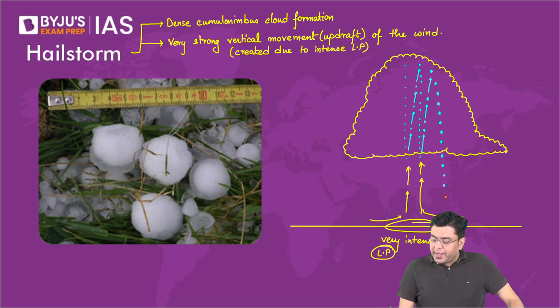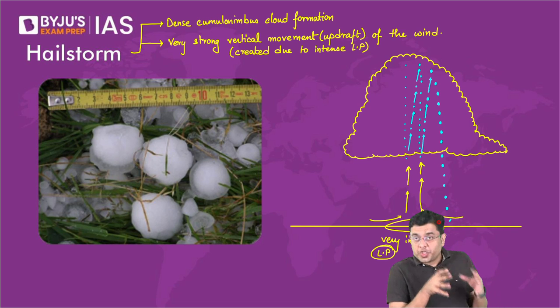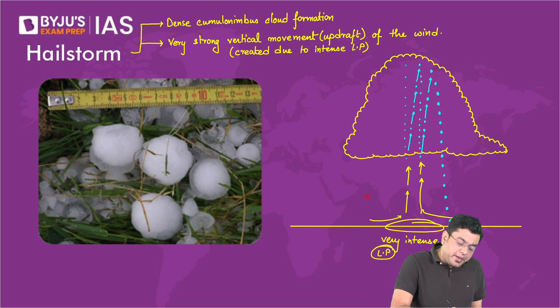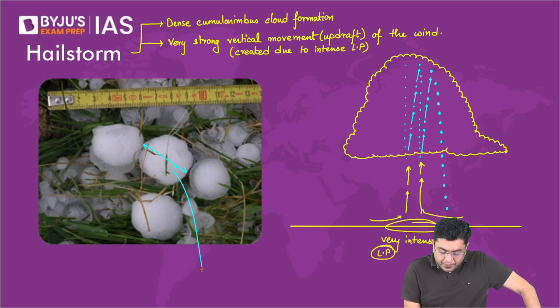Even if some portion of it melts, there is still a large chunk which is unable to melt. That is how large it can grow. And that is what you experience falling on the ground surface. These are referred to as hailstones.